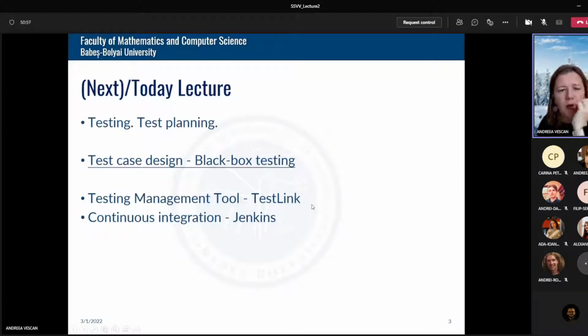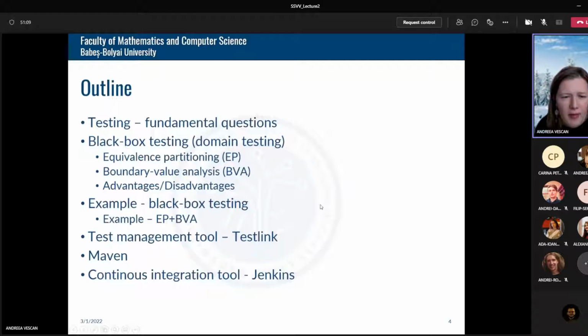So today we're going to see how we can design the test cases starting from the specification, that is black box testing, and we're also going to see how we can use TestLink and Jenkins. The black box testing technique is included in a broader view of testing that is also called domain testing, and there are a lot of techniques that you can apply here.